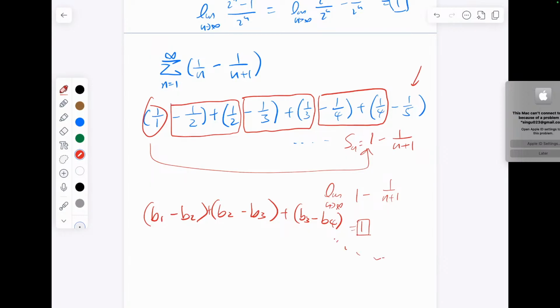So pretty much all the terms in here just disappear, and only the last term remains. The last term is going to be minus 1 over n plus 1. But as n approaches infinity, it doesn't matter, so it's going to go to 0. So only the first term survives. Everything else is going to cancel out or go to 0. Does that make sense or no?